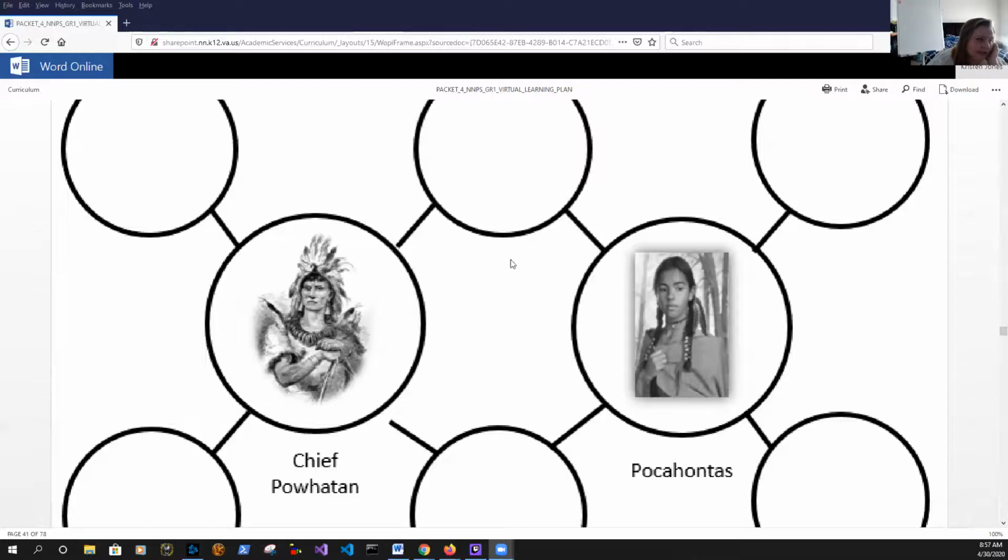Remember, these two bubbles are something that is the same about Chief Powhatan and Pocahontas. One here and one here. In these two bubbles, these should be things that are only about Chief Powhatan, and they should be something that's different, that shows how he is different from Pocahontas. So I can think of one. Chief Powhatan, it said he was the leader of lots of Native American tribes.